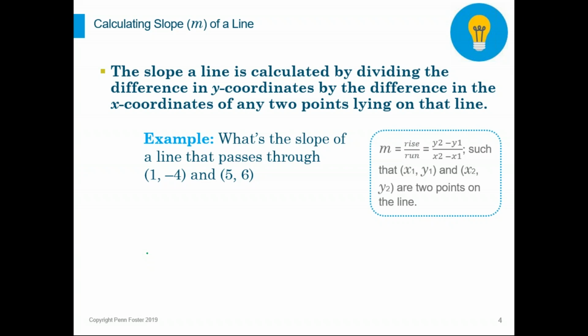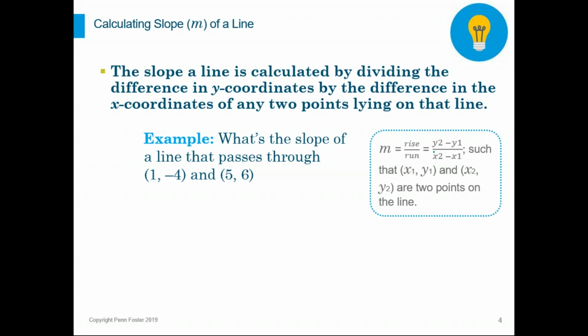We are not expected to come up with formulas, we are just expected to use the formulas properly. So if you know 2 points that are lying on the line, you're able to use the coordinates of these points in the formula that you see on the screen to calculate the slope of the line.